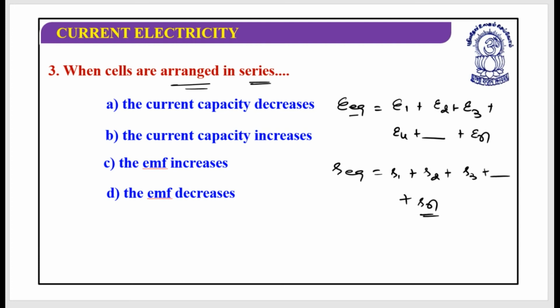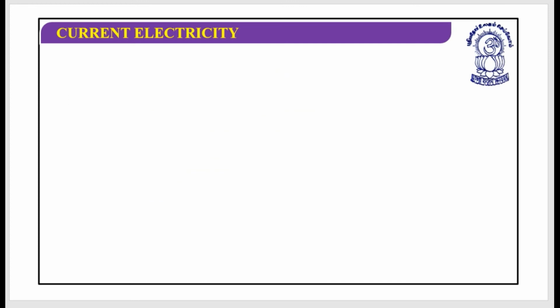So their EMF increases. The current capacity we don't know because we don't know the R equivalent. But we are sure of this: when cells are arranged in series, their E equivalent increases, so the EMF increases. I hope these things are clear. Is it clear? Great. So shall we move to the next? We have certain questions.